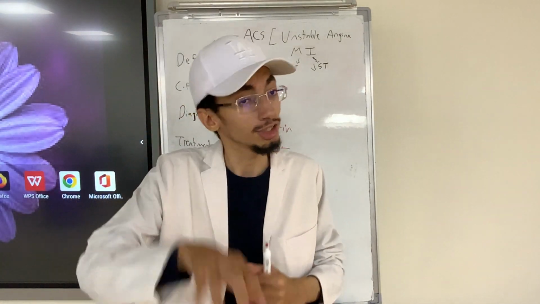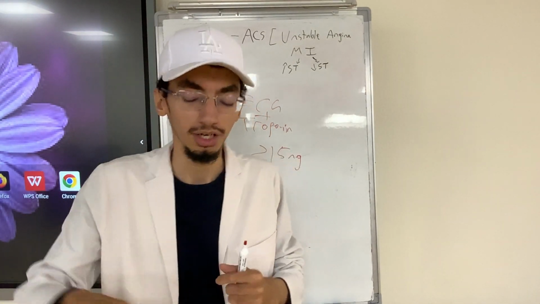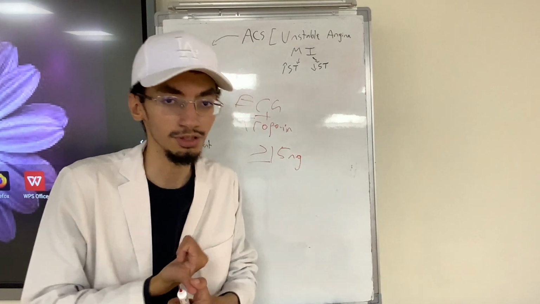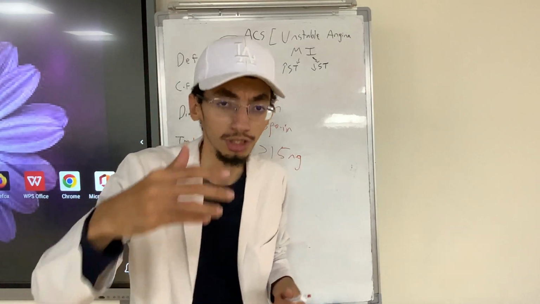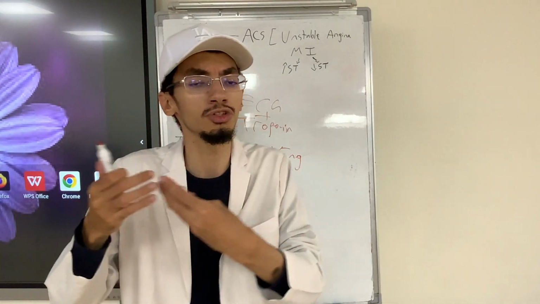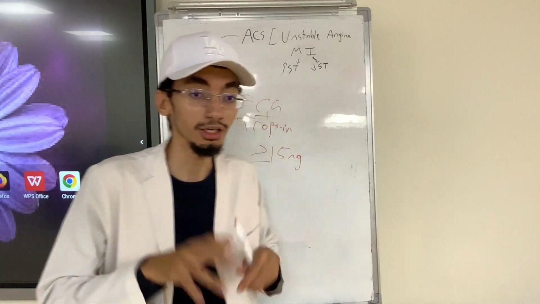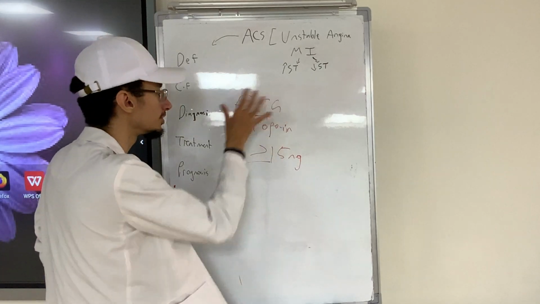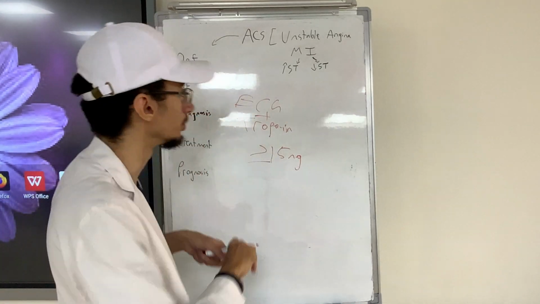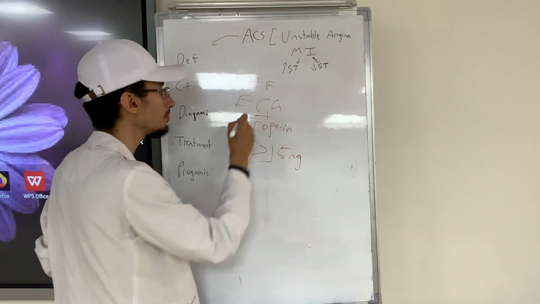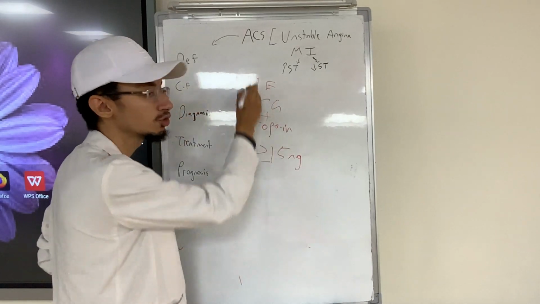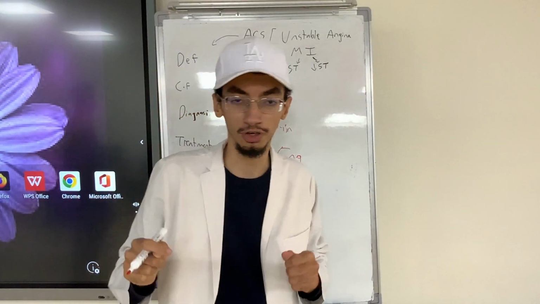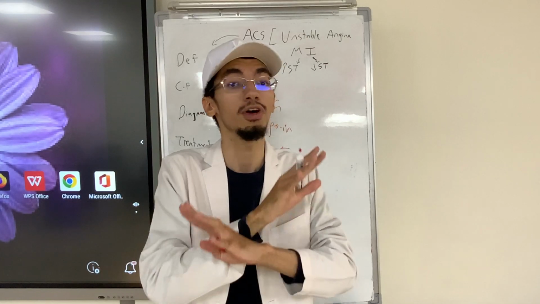If it's elevated, that does not necessarily mean that it's MI. It could be related to kidney diseases, ventricular tachycardia, or other things. So you cannot rely on just troponin, and you cannot just rely on ECG. You have to rely on your history, your exam, your ECG, and your troponin all together to confirm that this patient has a case of MI.